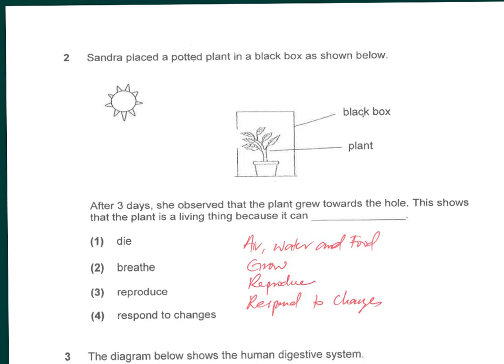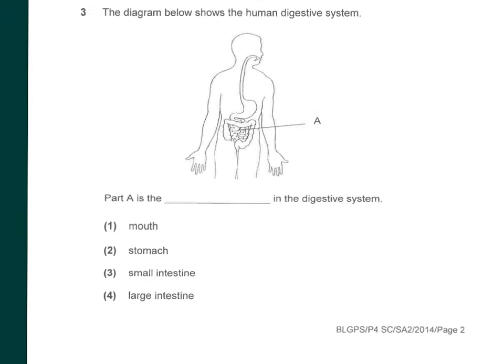This particular question is asking you to look at this scenario, and you should be able to point out that it is able to respond to changes in the surroundings, because it requires sunlight to grow, so the leaves tend to grow towards the hole. So the answer is very clear to be option 4.